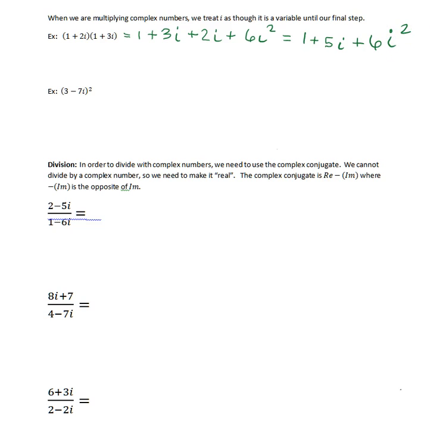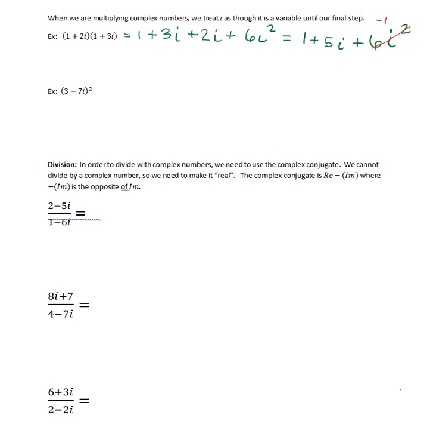Now stop and think for a moment. i squared is the square of the square root of negative 1. I realize that's quite the mouthful, but what it boils down to is i squared is negative 1. So I'm going to cancel out this i squared and call that a negative 1.